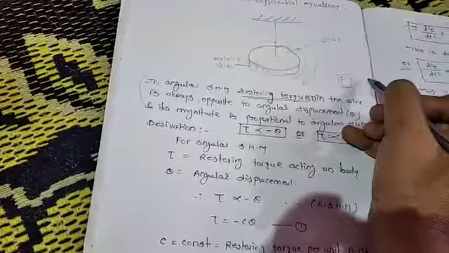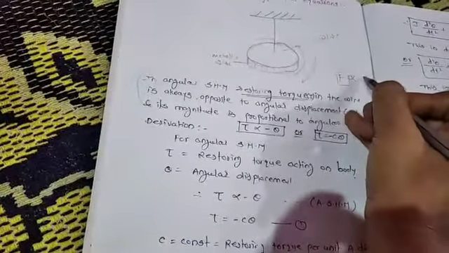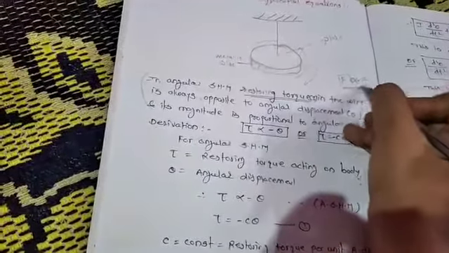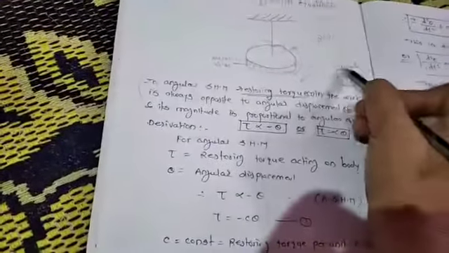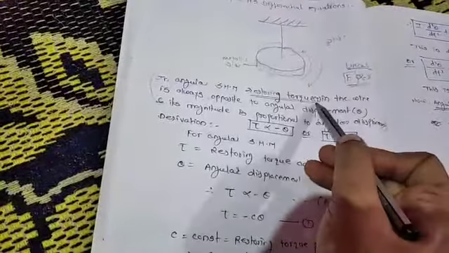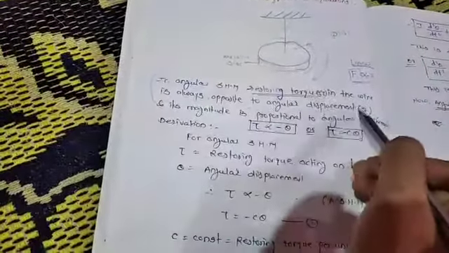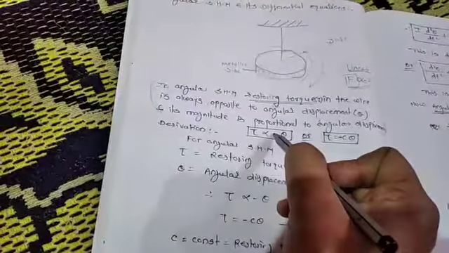Here we have the force directly proportional to x and oppositely directed. This is for the linear SHM. Here we have to prove that this torque is always opposite to the angular displacement, that is the negative sign will come.